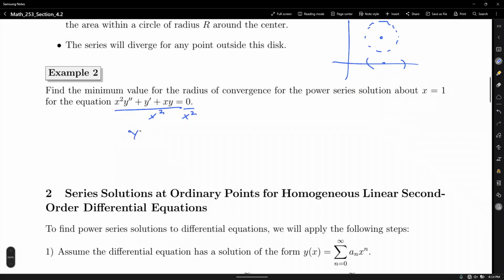This will be y double prime plus 1 over x squared y prime plus 1 over x y equals 0. What are the singular points in here? Just one, in fact, right? So x equals 0 is a singular point.